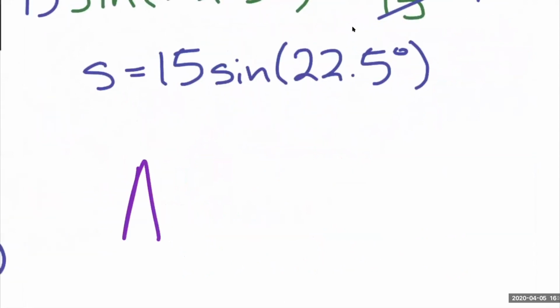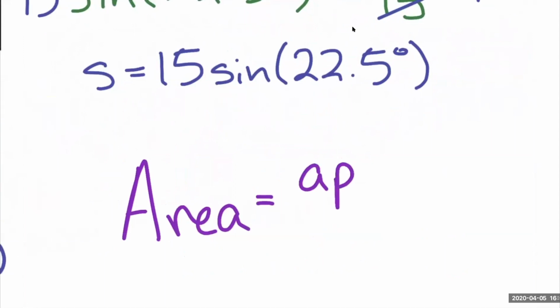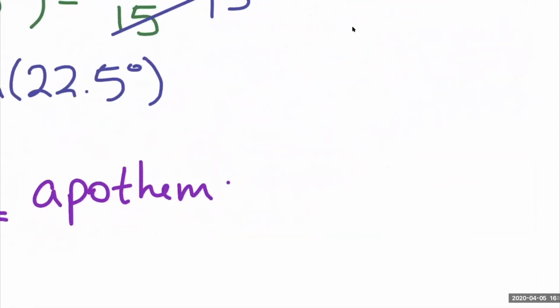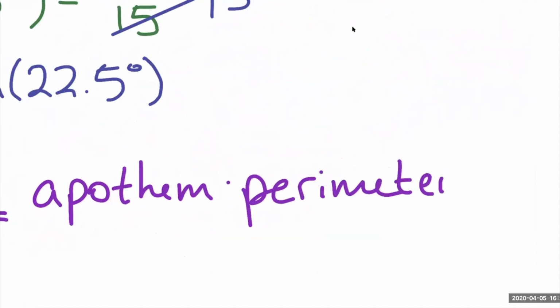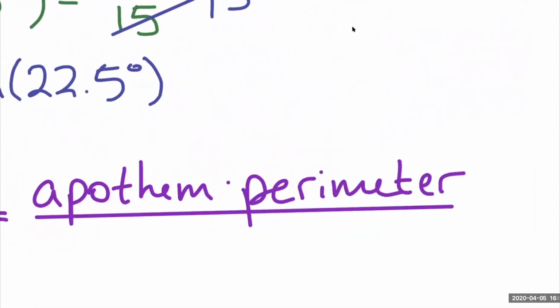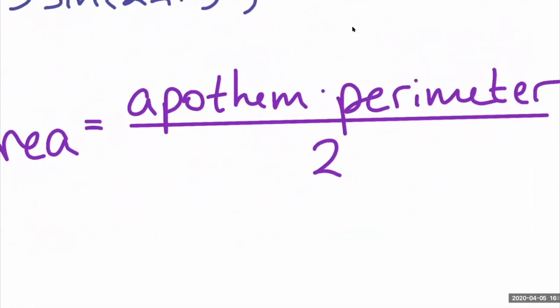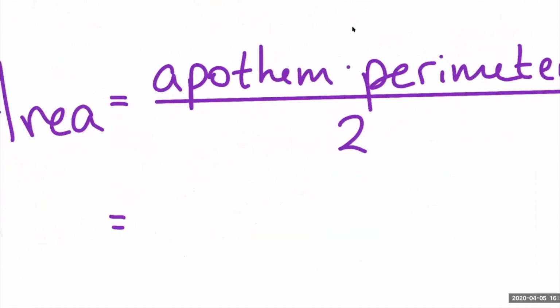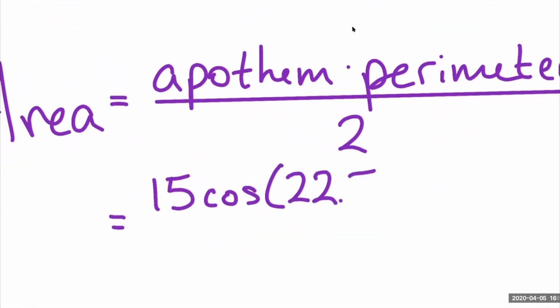So area of our octagon is equal to the apothem times the perimeter all over 2. All right, we know that the apothem is 15 cosine of 22.5 degrees.